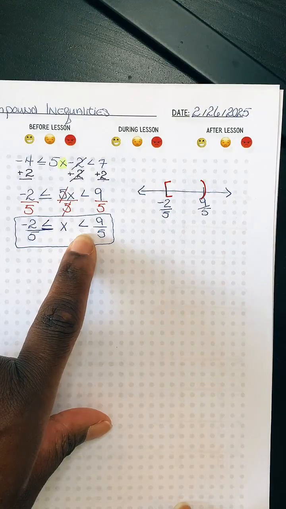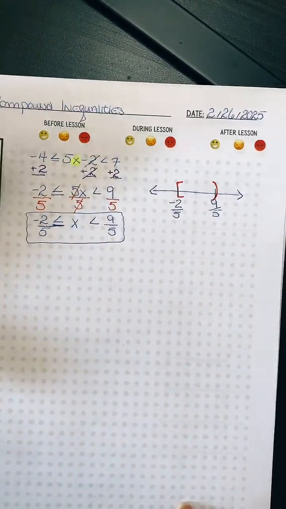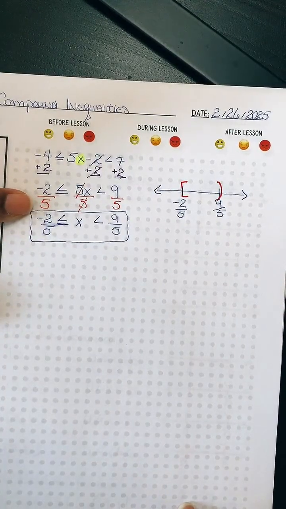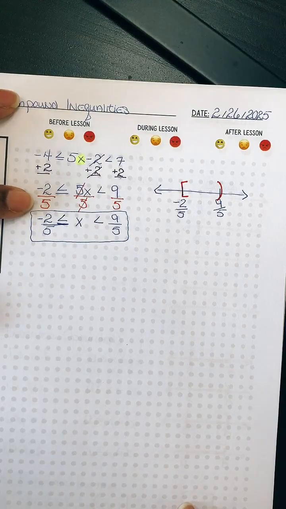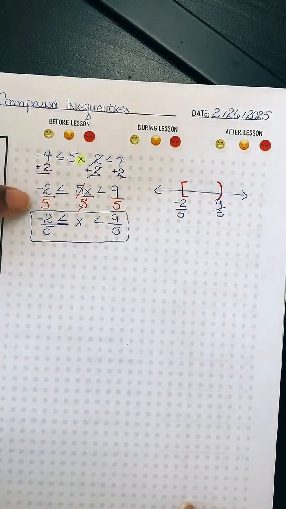All right. The signs only change when you divide or multiply by a negative number, which we did not. We divided by a positive number. Okay. All right. So the signs don't change when you divide. It only changes when you multiply or divide by a negative number.